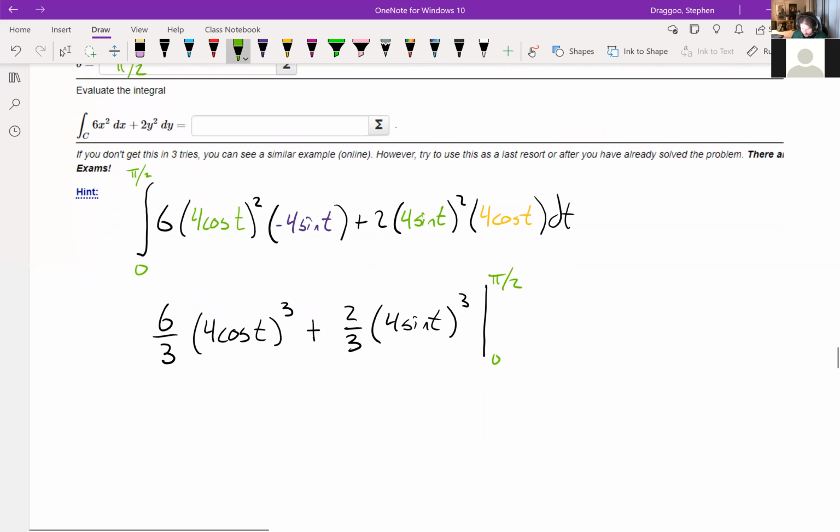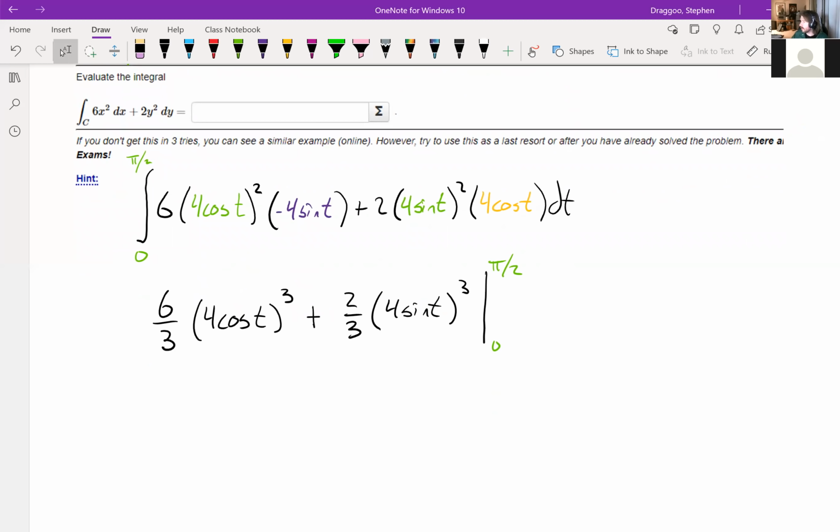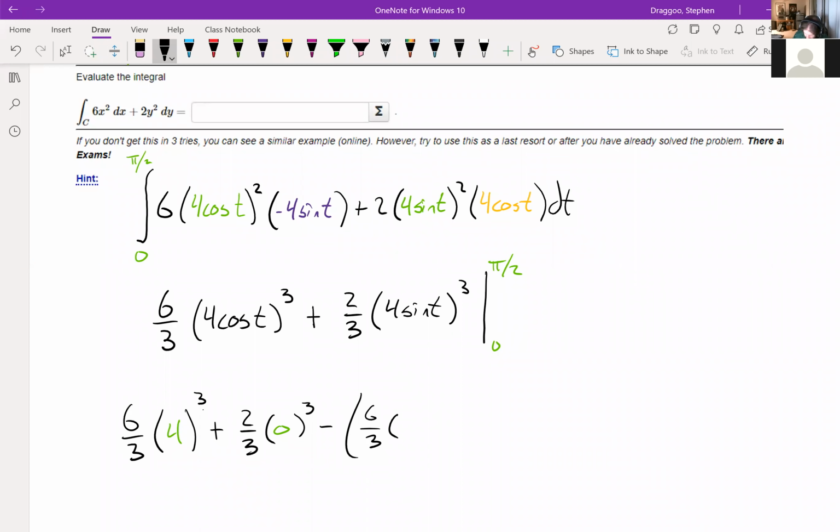Then we get the super fun task of plugging in 0 and pi over 2. So if I plug in pi over 2, this will be 6/3 times 4 cubed plus 2/3 times 0 cubed minus 6/3 times, ooh, wait, nope, I have these backwards, don't I?